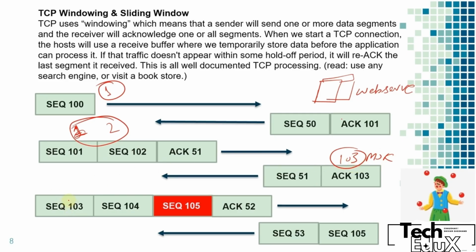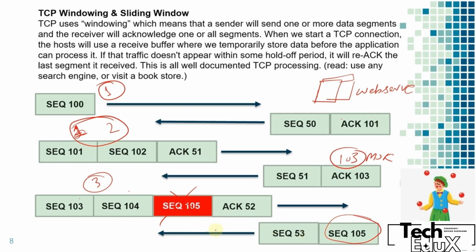But on the other hand, the server also wants to sync back, and will send its own sequence number to check whether you have received my data or not. So it is going to send the sequence number 50. Again, sequence number plus 1 is going to be my acknowledgement.